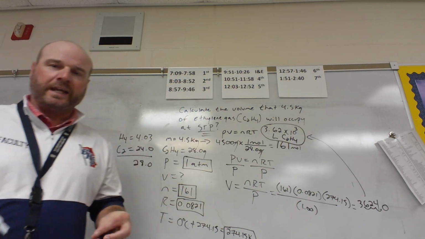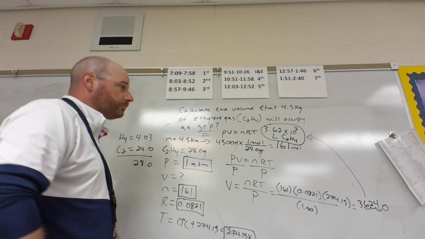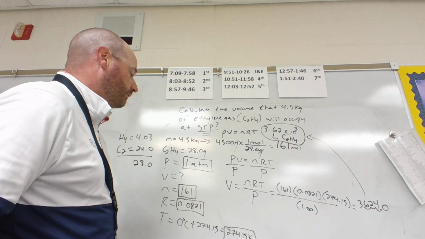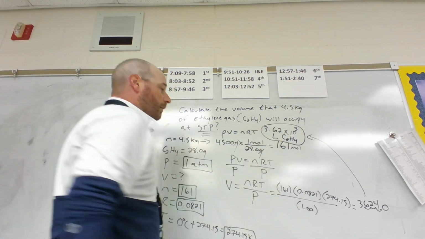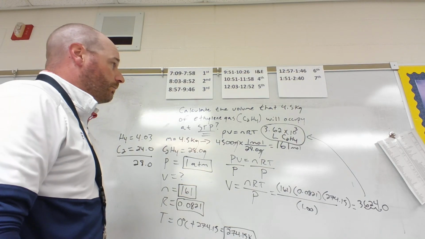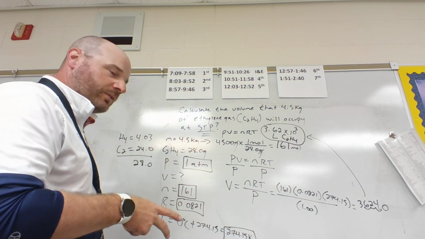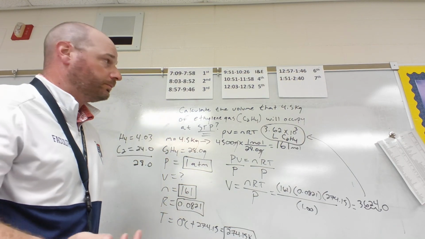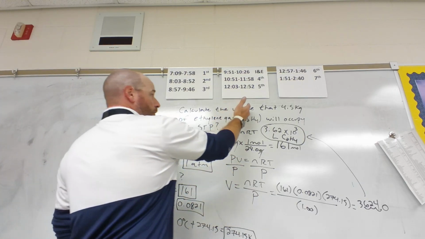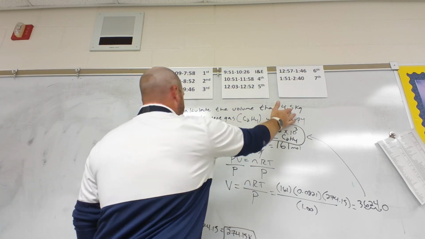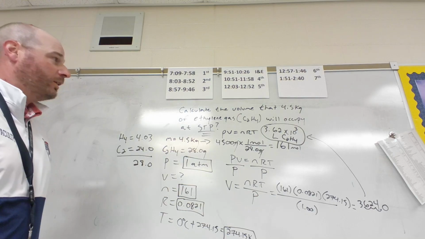So again, the process. I know it got kind of convoluted at the end with a little room over there, running out of room. But the process, what's given to you, what are they asking you for? They're asking for volume, they're giving you mass. Okay.